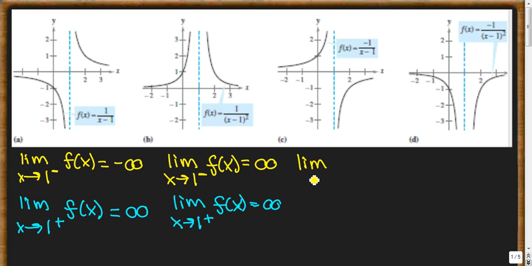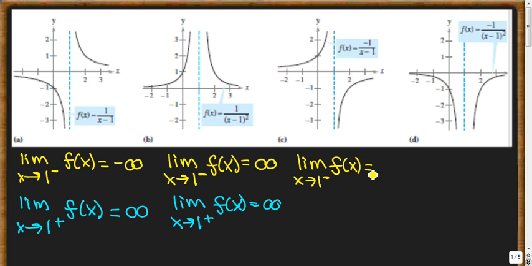Then we have our limit as x approaches 1 from the left side of f of x in our third example. This one is working as a complete opposite, or a reflection, of our original graph. Anytime you make a graph negative, like we've done between these two, you're going to flip them.